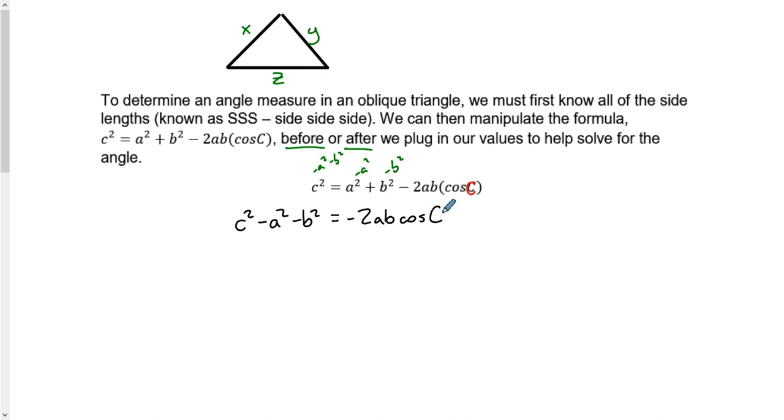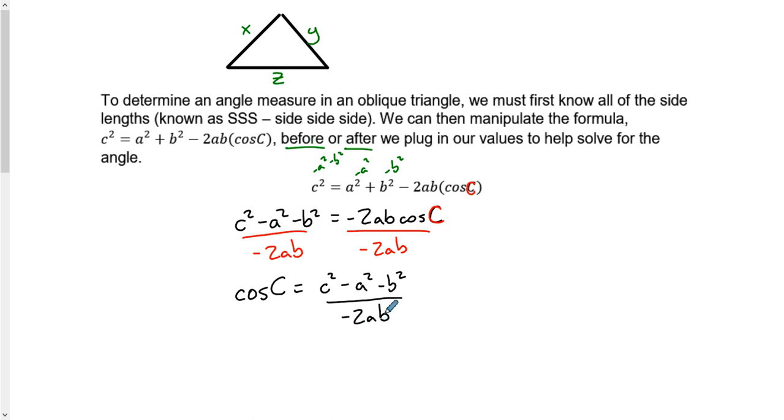So I still want to get that C by itself. I'm then going to have to do some division. We're going to have to divide by the negative 2ab. So now my cosine of C will be the c squared, subtracting the a squared, subtracting b squared, divided by the negative 2ab.